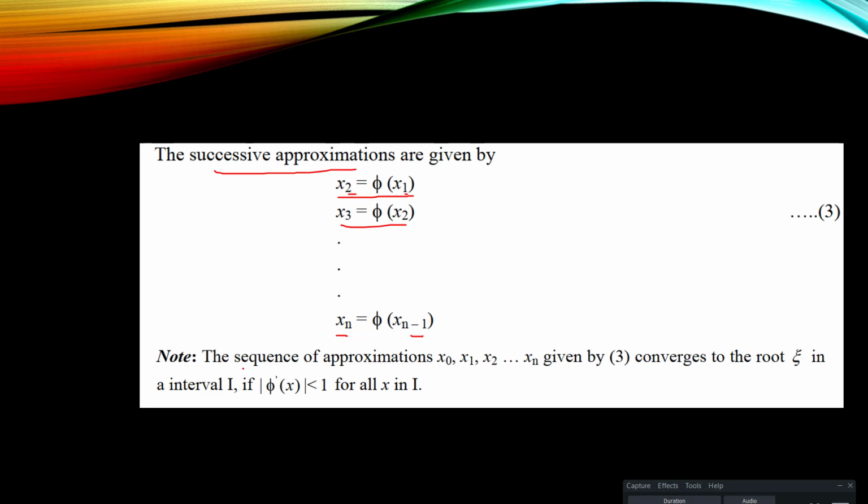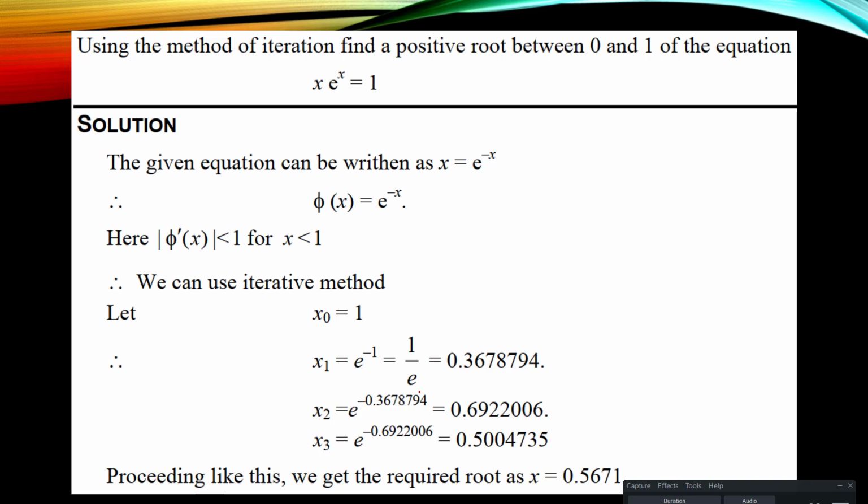One important thing to note is that the sequence of approximations x0, x1, x2, up to xn, given by the third equation, converges to the root theta in an interval I only if the modulus of phi dash of x, regardless of the sign plus or minus, is less than 1 for all x in I. So this is about theory, which will be very clear when you do a problem.